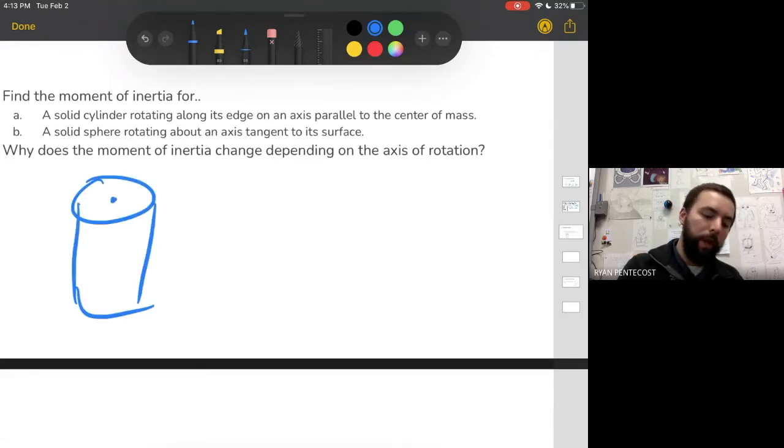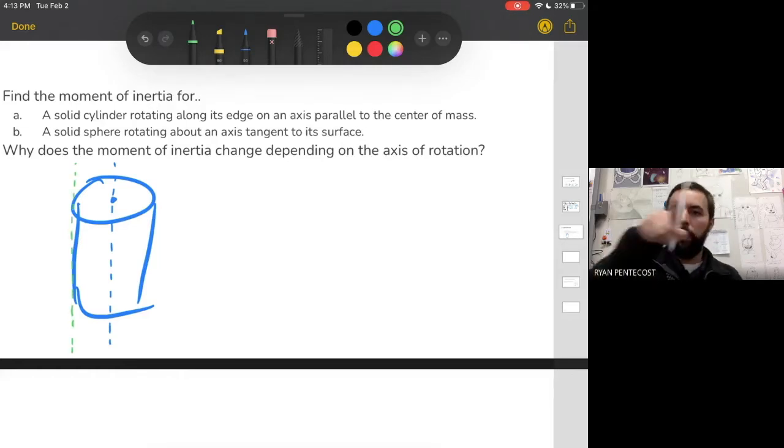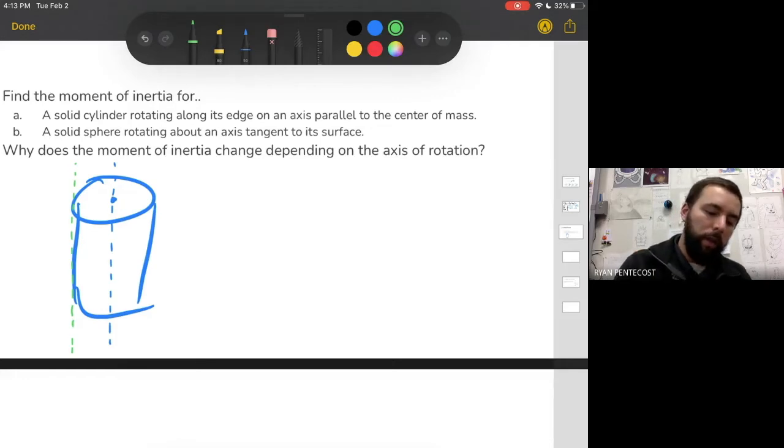And the original axis is through the center of mass, like our prefab shows. But now it is rotating on the edge, okay? So now instead of kind of rotating about its center, it's kind of revolving around this imaginary axis on its edge. So our parallel axis theorem, since they are parallel, this will work.